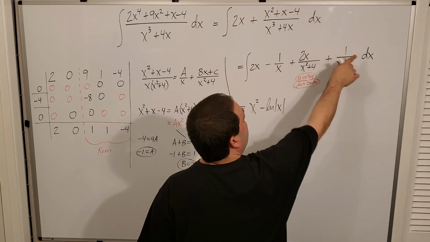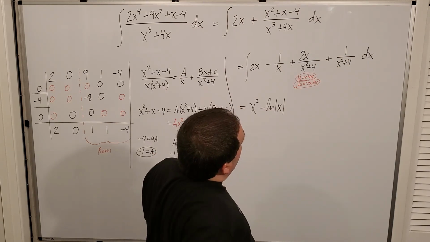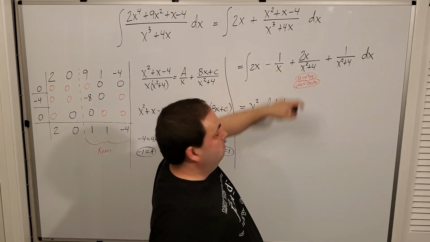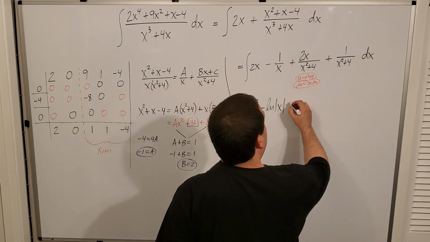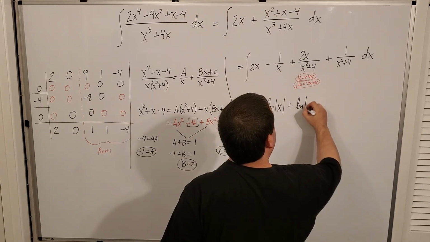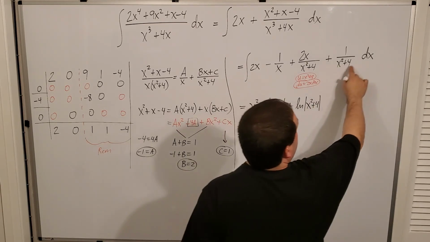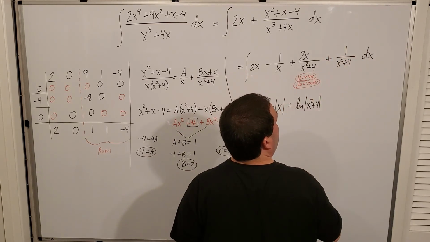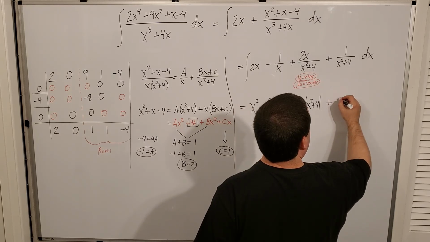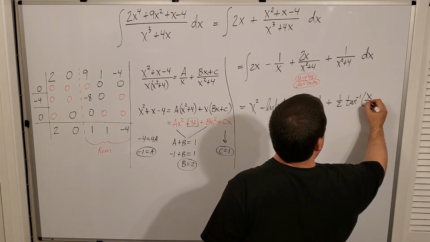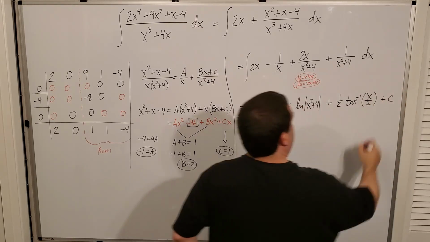I've already got that, 2x dx. So in other words, it's perfectly 1 over u, which means I'm going to have plus ln absolute value x squared plus 4. And then this last one is an inverse tangent. So plus 1 over 2 arctan x over 2, and then plus c.